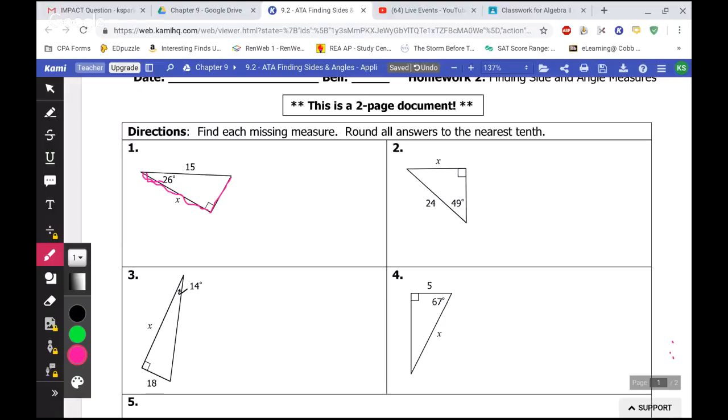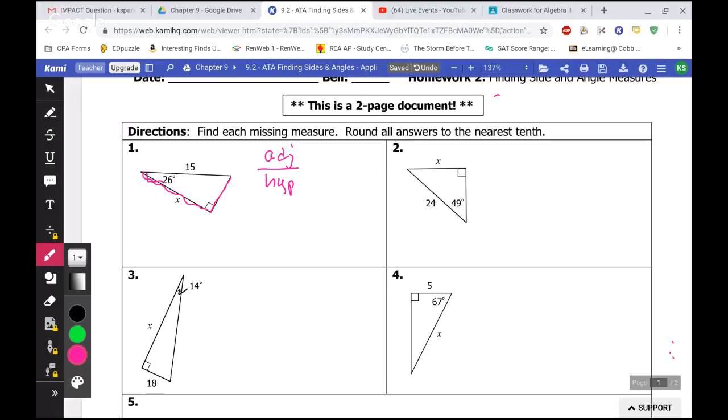So x relates to the angle 26 in that it's adjacent to that angle. So you've got an adjacent over hypotenuse.